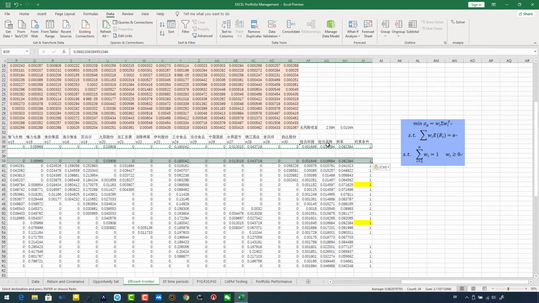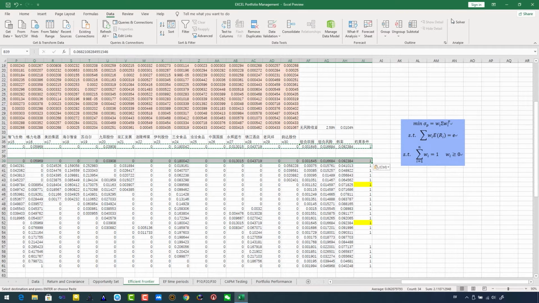So we know the CML line. We have the highest slope, the portfolio return is here, and then based on this portfolio return, we need to give the portfolio return as the constraint, and then minimize our portfolio risk, and then calculate the result one by one, and then paste our result here.